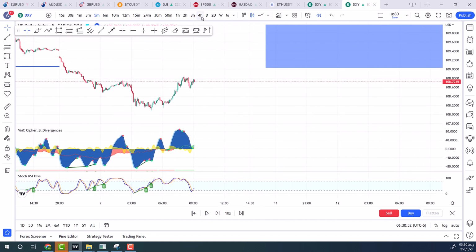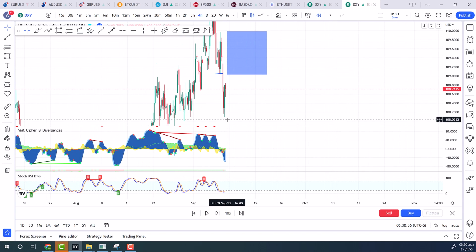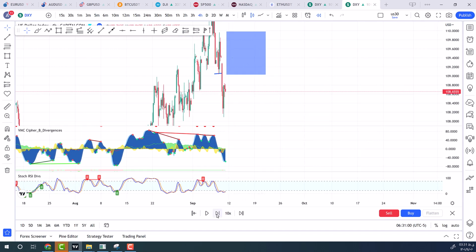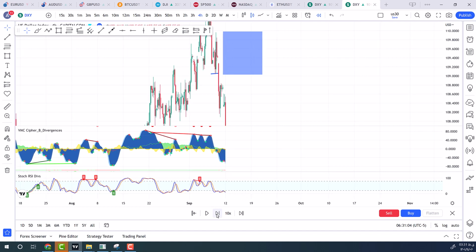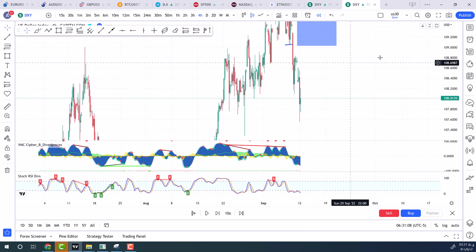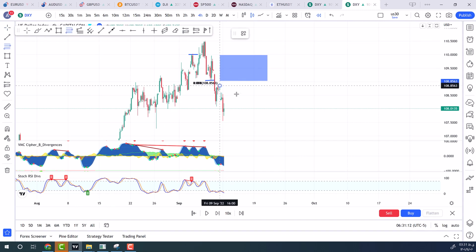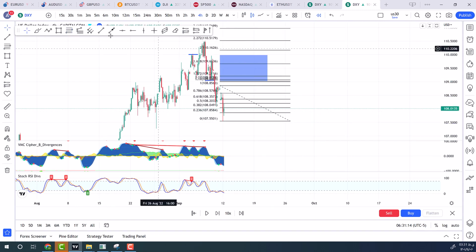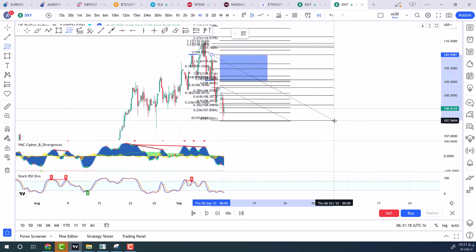Another important thing, I think, I don't know really. Let's see what happens. It broke the low again. So we have another leg, and that is going to be from here to here, and our main leg is going to be here to here.